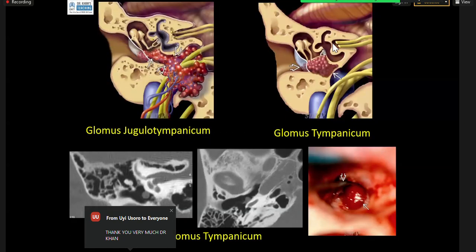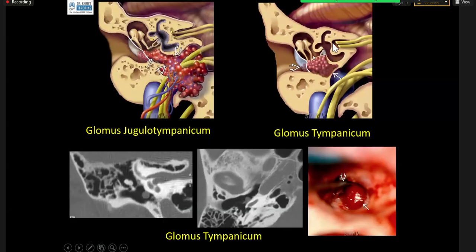Please remember that there is a tumor known as glomus tympanicum, glomus jugulare, which is just at the jugular foramen, and glomus jugulotympanicum, which goes from the jugular foramen into the middle ear cavity. When it arises just in the middle ear cavity, we call it glomus tympanicum, which sits on the promontory. So that can be considered in the differential.